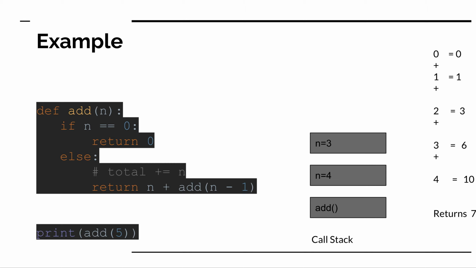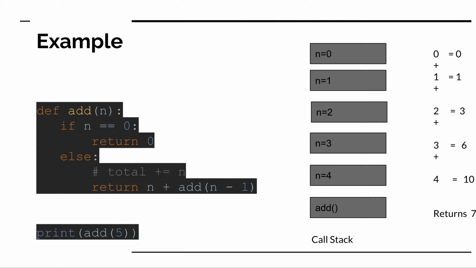Now n is 3, and the call stack is created again. n equals 2, n equals 1, and n equals 0. That's the condition: the base condition is reached and it returns 0.